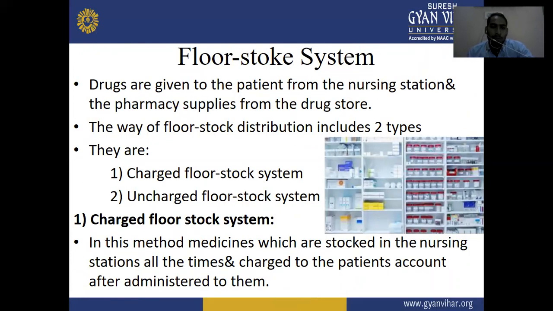Floor stock system. The floor stock system is the second drug distribution system in hospitals. In the floor stock system, drugs are given to the patients from the nursing stations, and the pharmacy supplies them from the drug store.